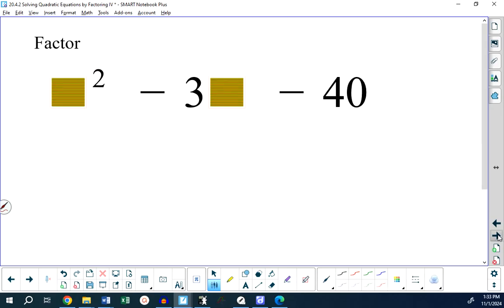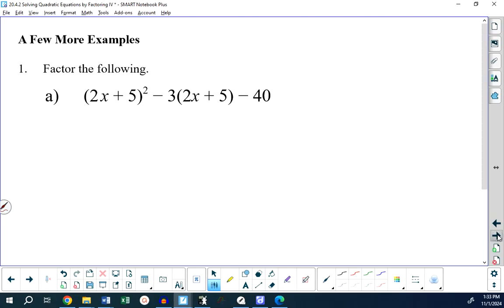This is quadratic in weird square. So this is quadratic in 2x plus 5. And when we factor this, we recognize that this is like this, isn't it?